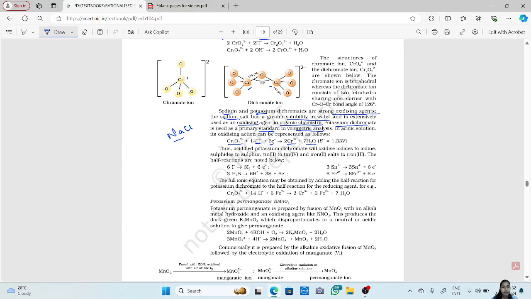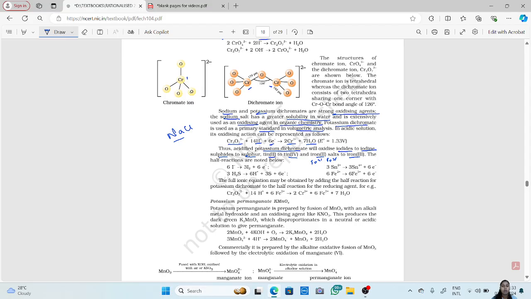Thus the acidified potassium dichromate will oxidize iodides to iodine. Here what will happen? This potassium dichromate can oxidize iodides to iodine, sulfides to sulfur, tin 2 to tin 4, iron 2 salts to iron 3. So it is Fe2 plus to Fe3 plus. Okay, this can be converted.